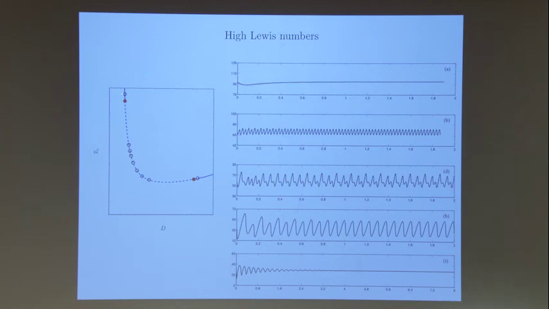So what you see is that when we did a time-dependent calculation, we start with some perturbation of the solution. The solution gets perturbed, and then eventually it stabilizes to a constant value. So this is the stabilization at this point. When you go to a point here, the solution eventually goes to a limit cycle.